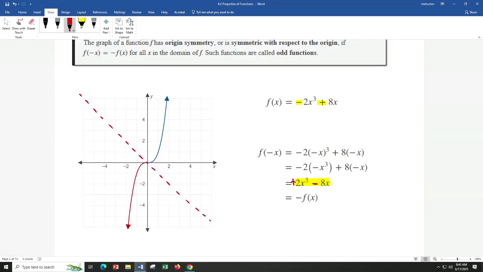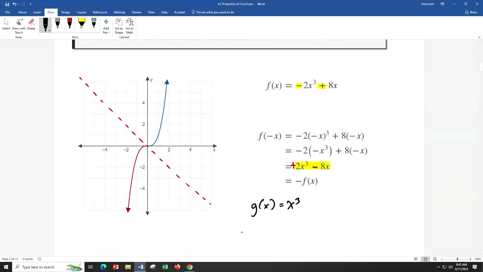Let's do another test. We have g of x, and we know the base function of this whole function is going to be what? The base. Yeah, x cubed. So notice with x cubed, if I just put, let's say, g of 2 again, keep it easy, that means I have 2 cubed, which is going to give me 8.